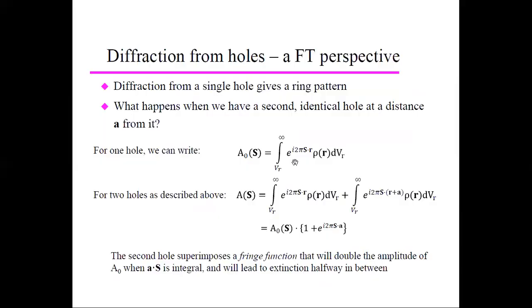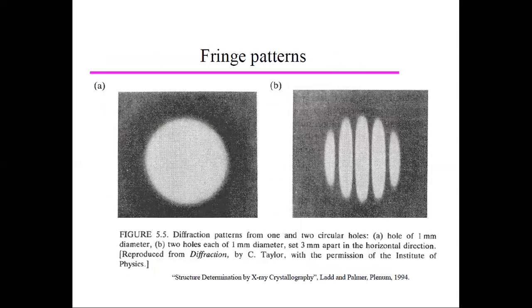This is one hole: the integral from 0 to infinity of e to the power i 2 pi s r times rho of r dr. For two holes, described as a two-value term called A, the equation should give a fringe pattern. The fringe function will double the amplitude of A naught, which leads to an extension halfway in between. So this is the fringe pattern.